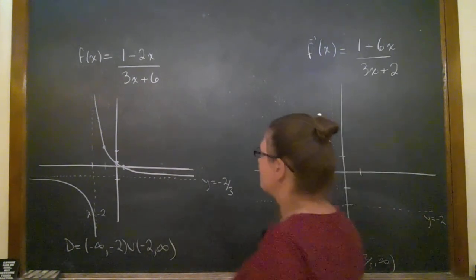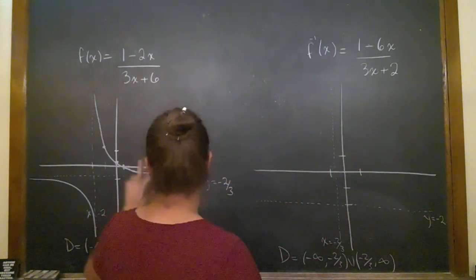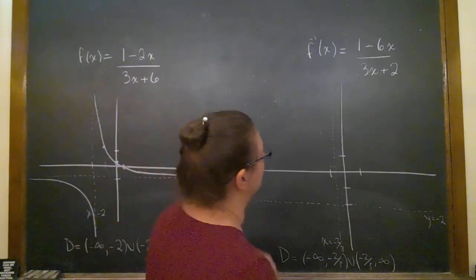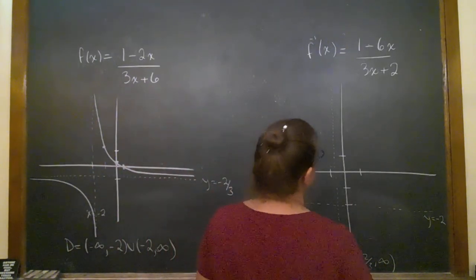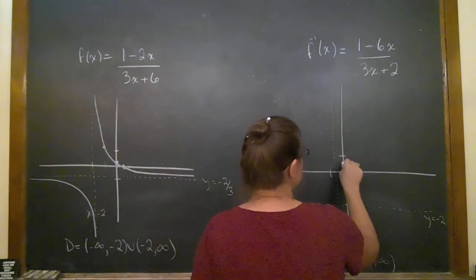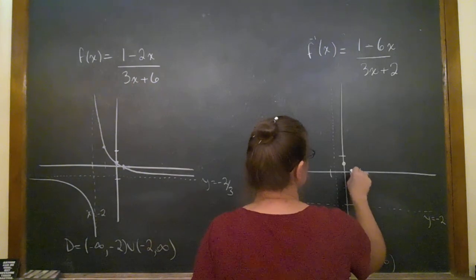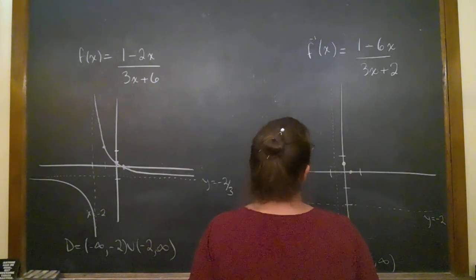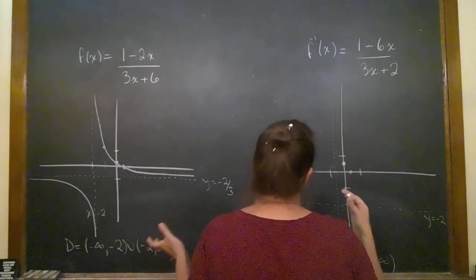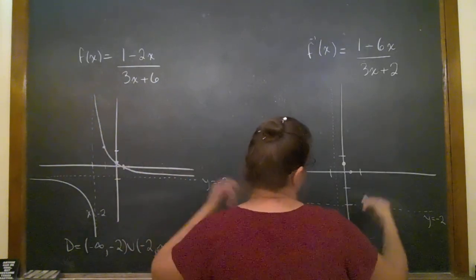And now what about the rest of it? Of course, these guys also flip too, right? If I take x equals 0, I get 1/2. If I put in x equals 1/6, f inverse is 0. Like this point's going to go over there, right?